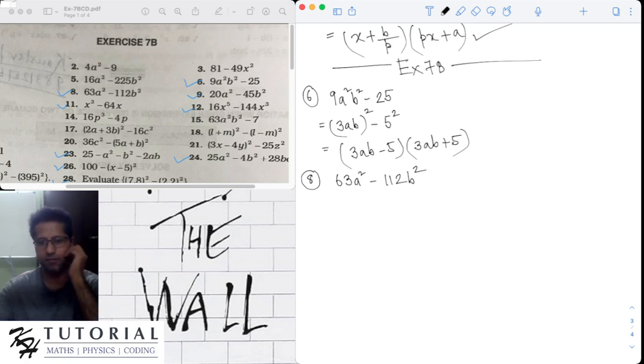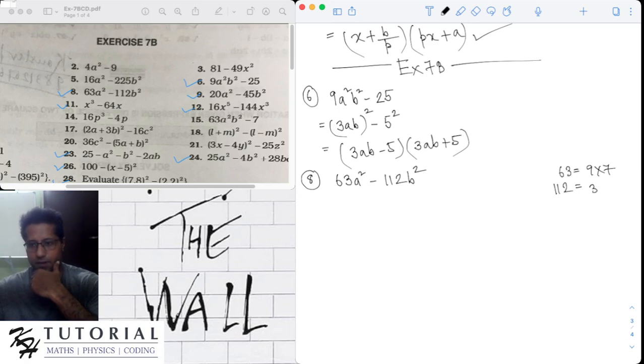Now I would like to see whether I can factor out any common number from 63 and 112. 63 is 9 into 7, and 112 is divisible by 3 as 3 multiplied by 39, so this is 3 multiplied by 3 multiplied by 13, so 9 multiplied by 13.